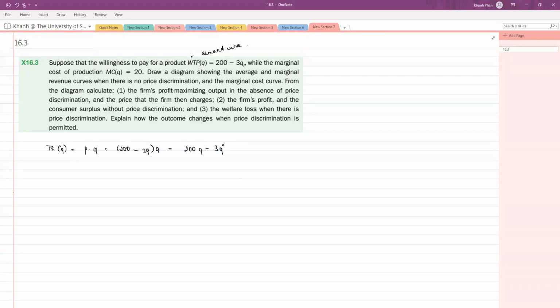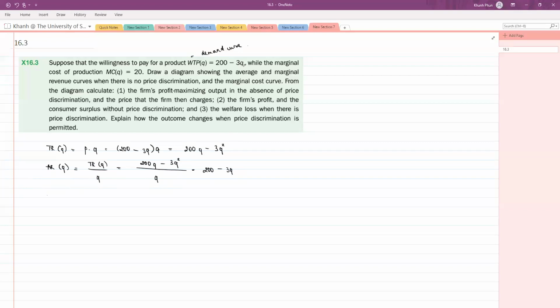Okay, so from here you should be able to find the average revenue, which is just going to be equal to the total revenue divided by the total quantity Q. So I got 200Q minus 3Q squared, everything divided by Q, and that will just give me 200 minus 3Q.